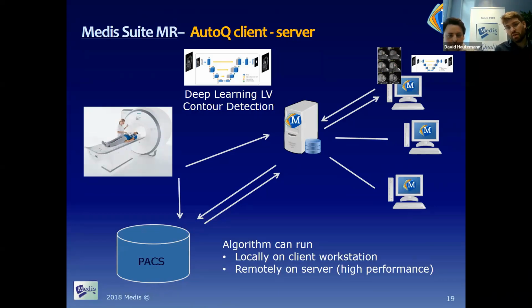The way it works is that it will be launched, it will run in the background, and when it's finished, it will present itself as a new entry in the repository, in the patient browser. And this new entry you can drag into the existing MAS software and you get the contours available.